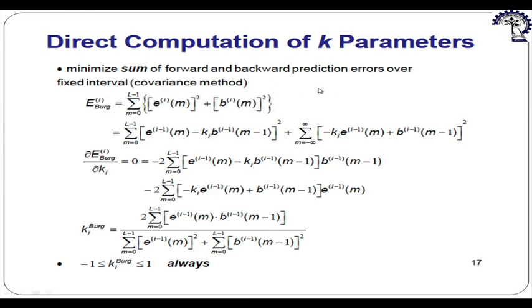Or you can use the covariance method, the Burg method. The total error is forward error plus backward error, so take the mean square of forward error squared plus backward error squared, differentiate with respect to K_i, make it 0 and find the value of K_i Burg.